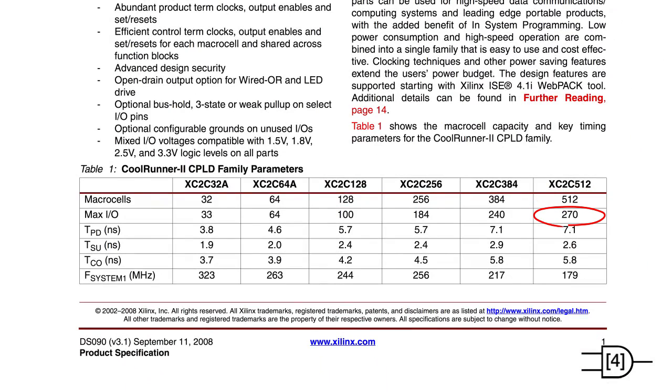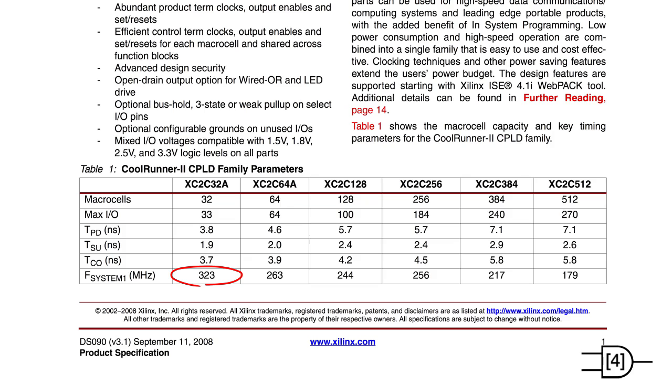This device has up to 270 I/O pins, so lots of I/O per register, almost 1-to-2. This is an I/O-rich device as well. It has deterministic timing, 5 nanosecond pin-to-pin delay. The speed's limited to 323 megahertz. It's faster for smaller parts.